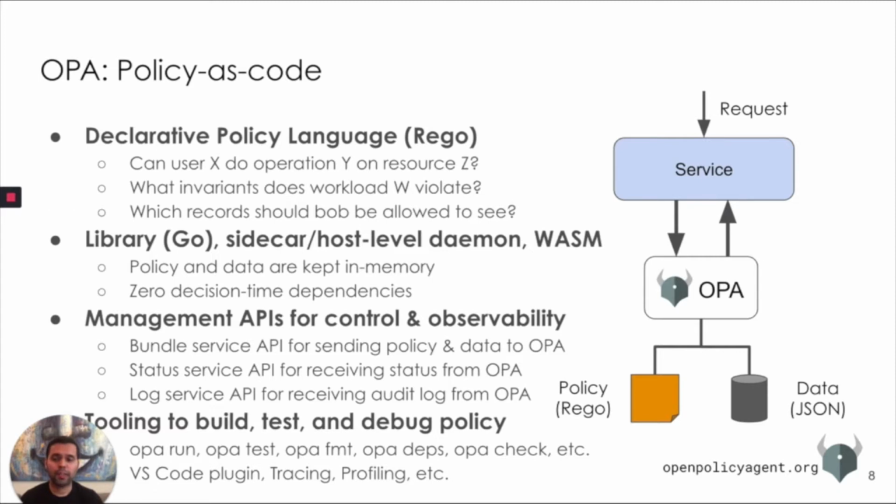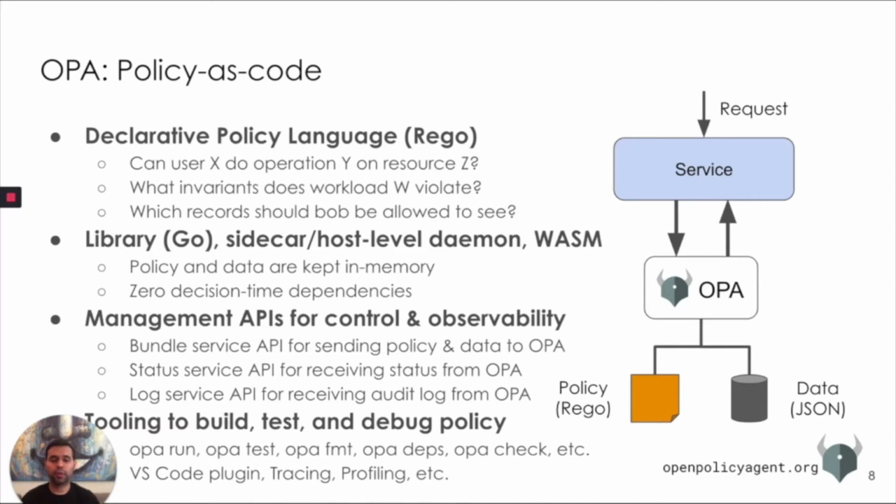OPA does provide some management APIs that allow you to pull policy and data from a remote service, upload status information to a remote service, and also upload decision logs to a remote service. Along with the core policy engine, OPA also provides a rich set of tooling that allows you to profile your policies, unit test your policies.